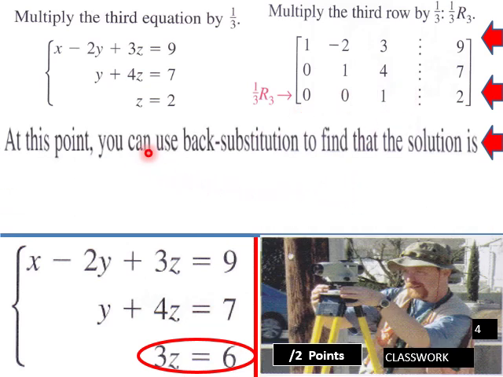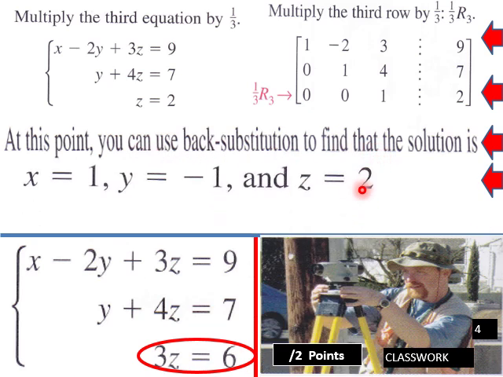Now, at this point, you can use back substitution to find the solution. So we know our z here equals 2. We can put that up here, and we get y plus 8 equals 7, and move this over here. So we get y equals -1. Now we can solve this up here, and when we plug that in up here, we'll get x equals 1.